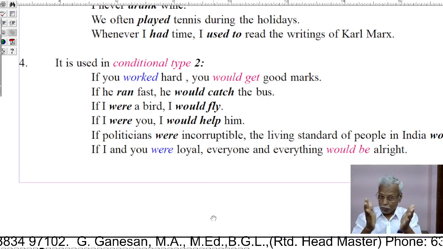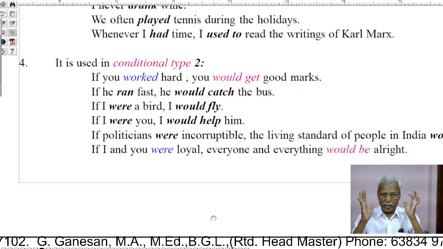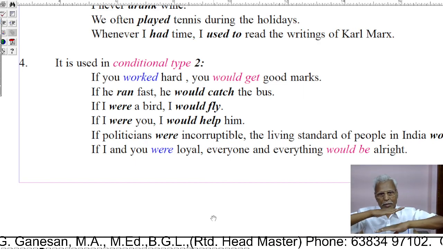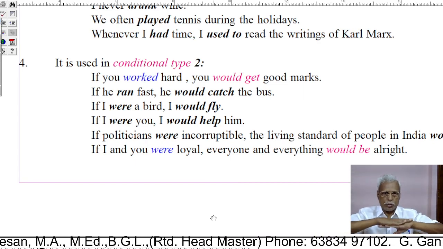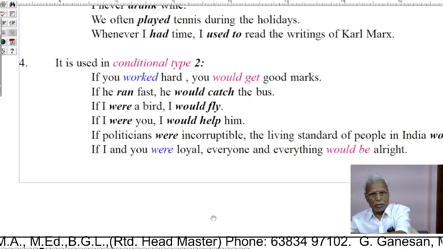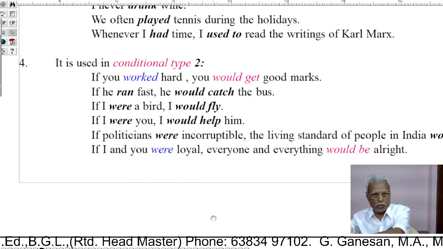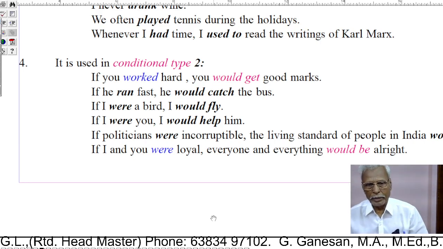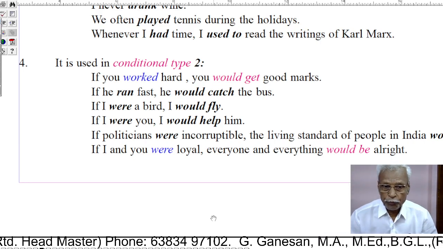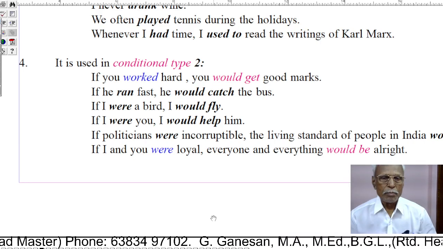Now we are going to see the second type. You see here, if you worked hard, you would get good marks.